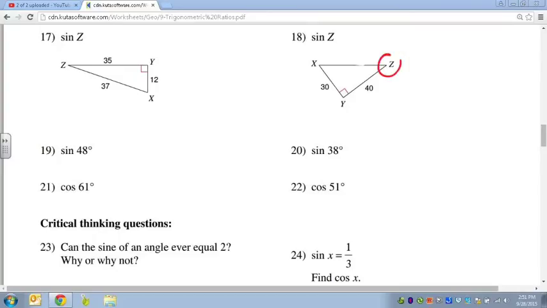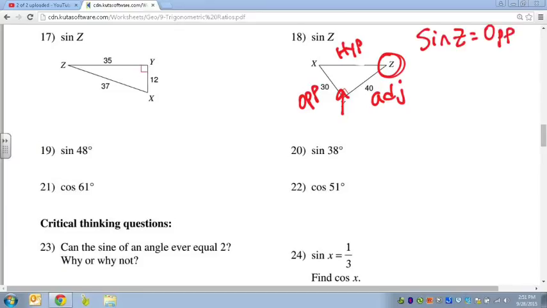We know from angle Z that this is the opposite side because it's farthest away. This is the hypotenuse, which we don't know, but we really do. And this is the adjacent side. In order to do sine of Z, I have to know opposite over hypotenuse, but I don't know the hypotenuse yet. So I need to do trigonometry to find it out.